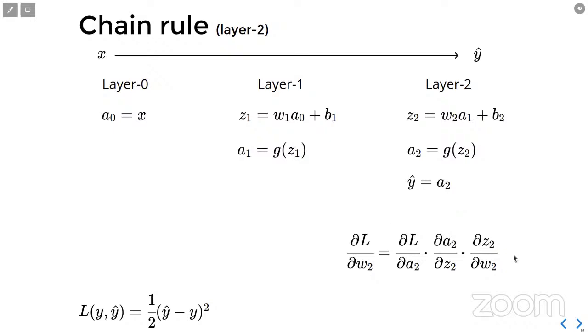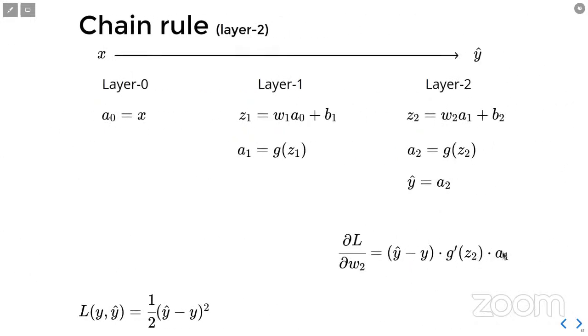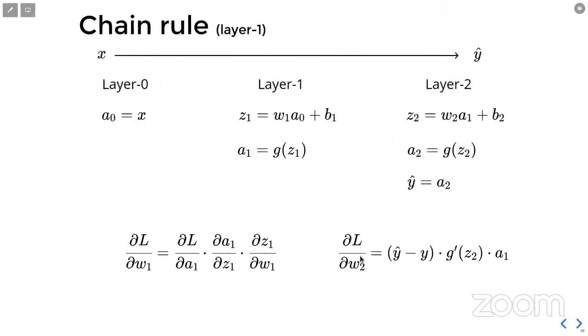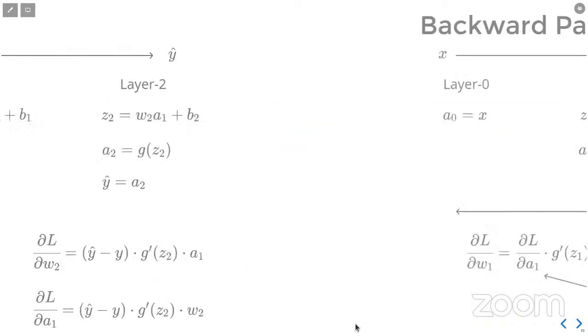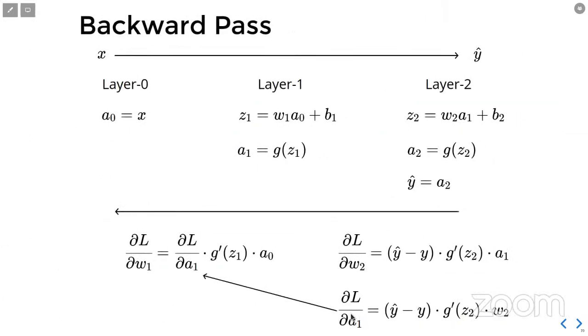This is the chain rule, written down explicitly here. For computing dou L by dou W1, notice that I need the gradient with respect to A1, the activation one. So whenever I compute dou L by dou W2, I also do the A1 part, and then I back propagate this.